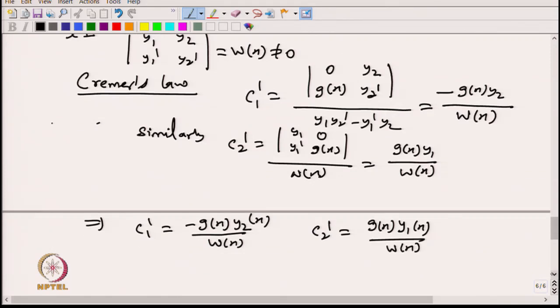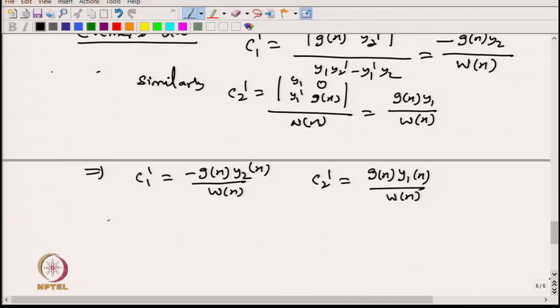Now I want to find the value of c1, because I want to find c1(x) and c2(x). So I will integrate both sides. What do we write here?